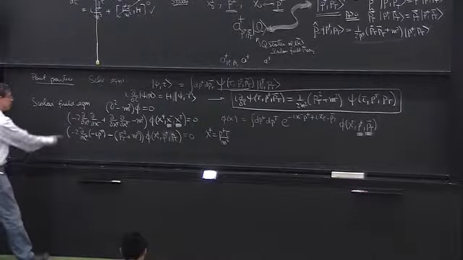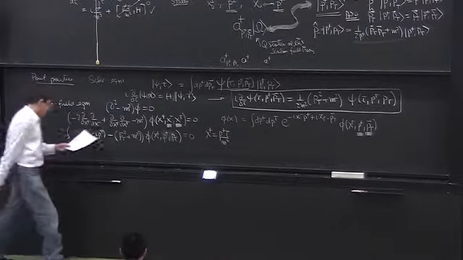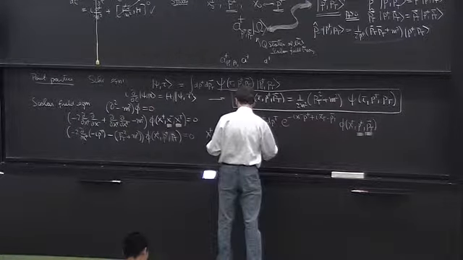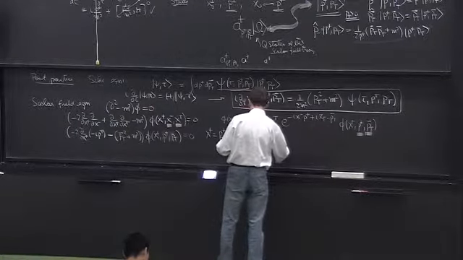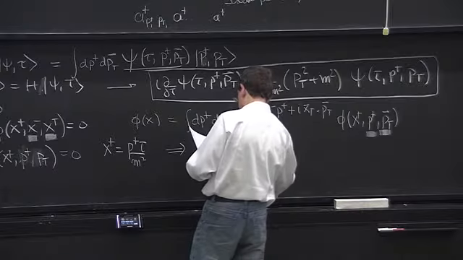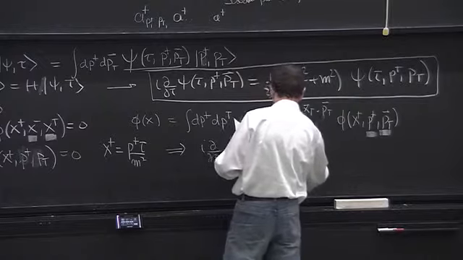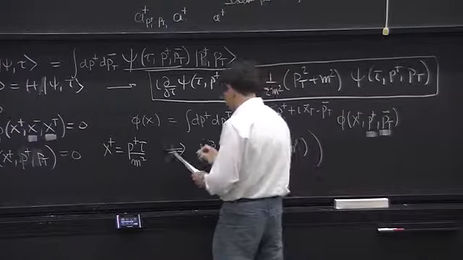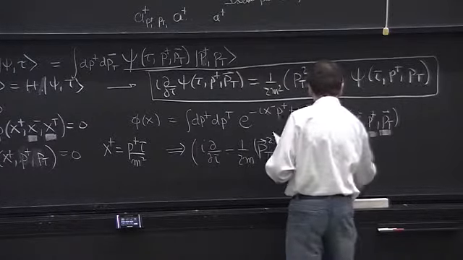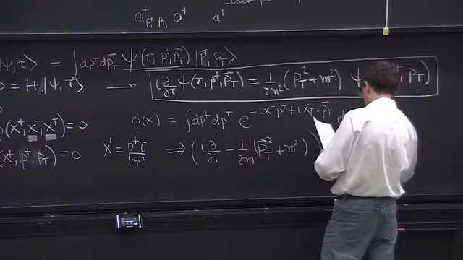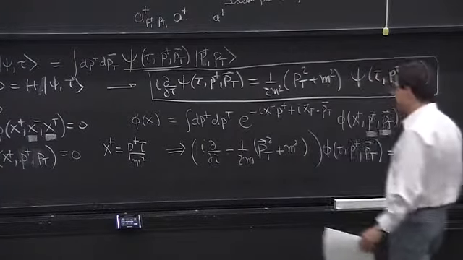You just put that in and simplify, and what do you get? You get i d/dτ minus 1 over 2m, p transverse squared plus m squared, phi of τ, p plus, p transverse equals 0.